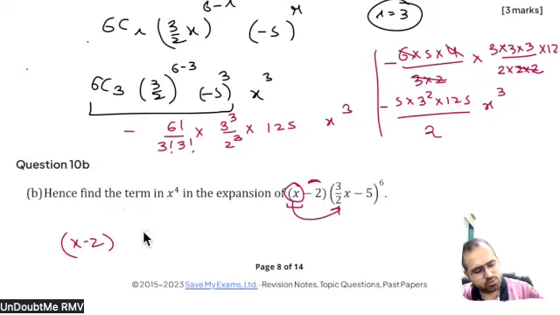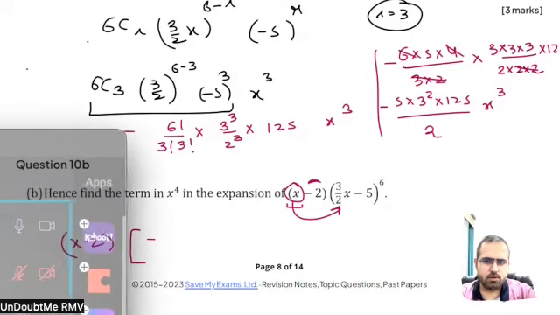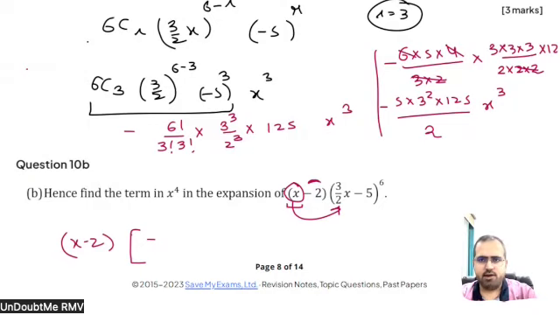So x minus 2 will be multiplied with minus 16875 by 2 x to the power 4, x to the power 3, and you can put r is equal to 4 and solve it again.